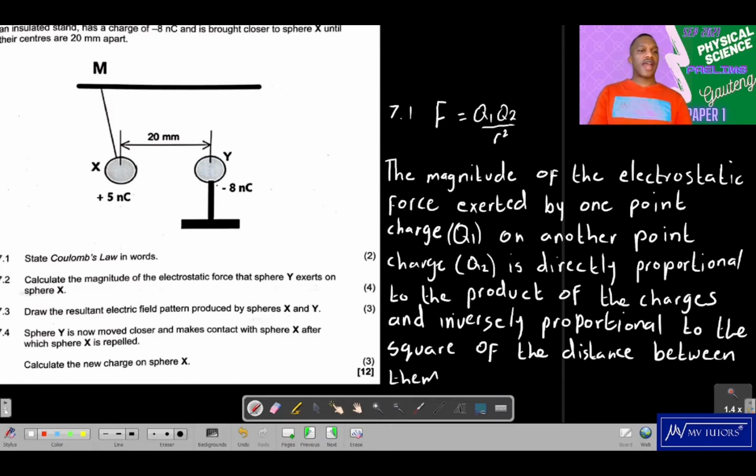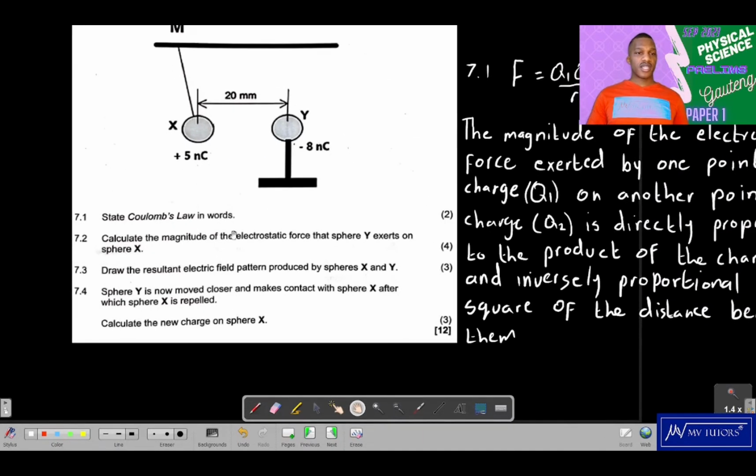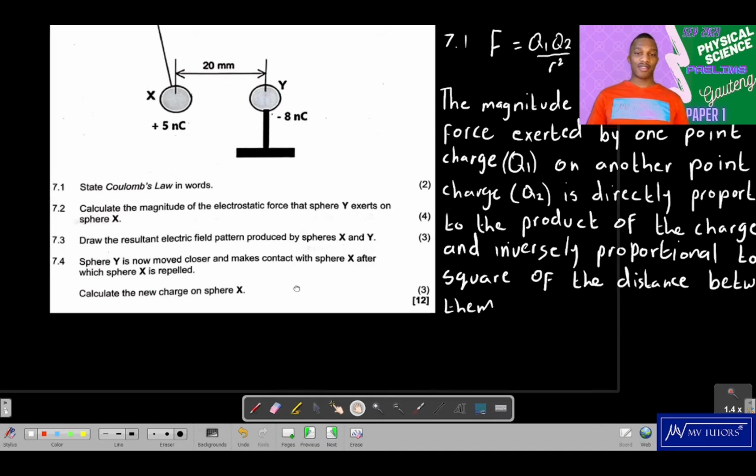Okay, let us now see what the next question is saying. 7.2 says calculate the magnitude of the electrostatic force that sphere Y exerts on sphere X. So we're just going to apply this formula.